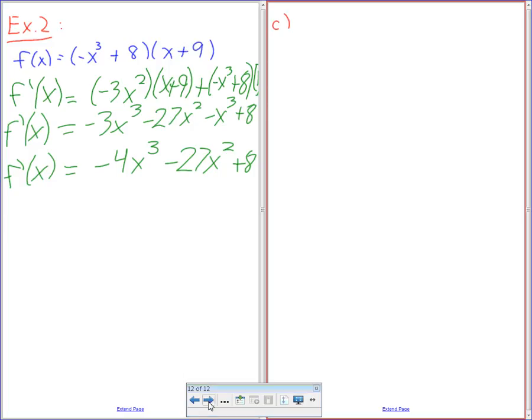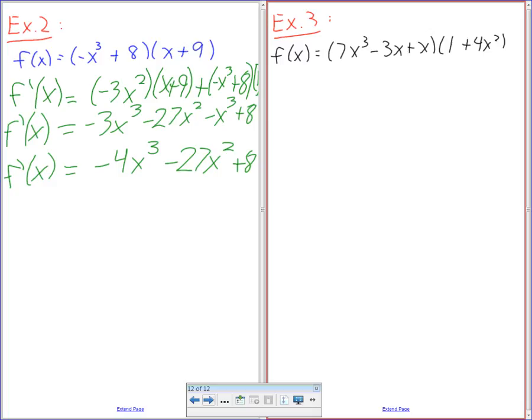Example 3, I have C on my sheet, I'll call it example 3. Okay, after this I have 2 more examples.